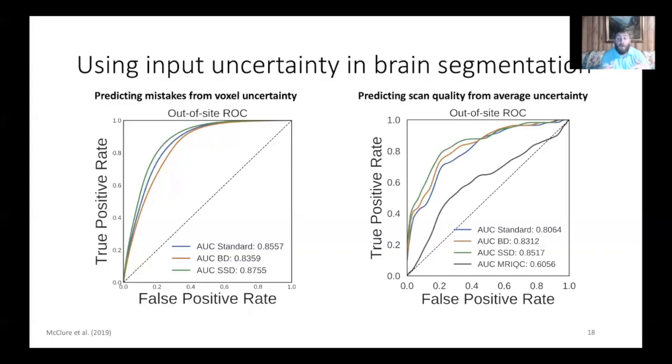We did that for the various methods that we used, and for MRIQC, a popular automated neuroimaging QC method. What we found is that the spike and slab dropout significantly outperformed all the other methods, and that the Bayesian deep neural networks outperformed the non-Bayesian deep neural network.